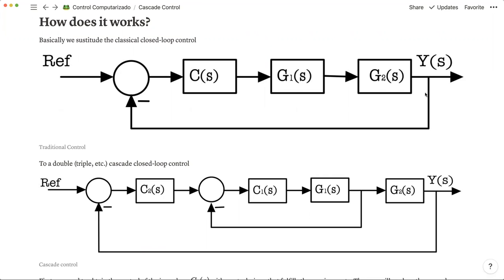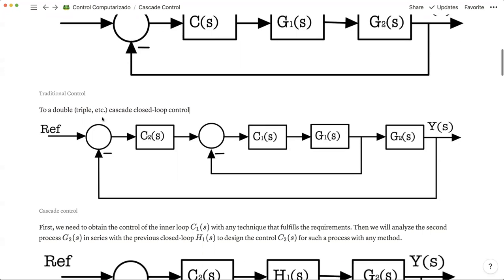We have G1 and G2, the processes to be controlled, and C of S, the control. We substitute that to a double or triple cascade closed loop control like this.